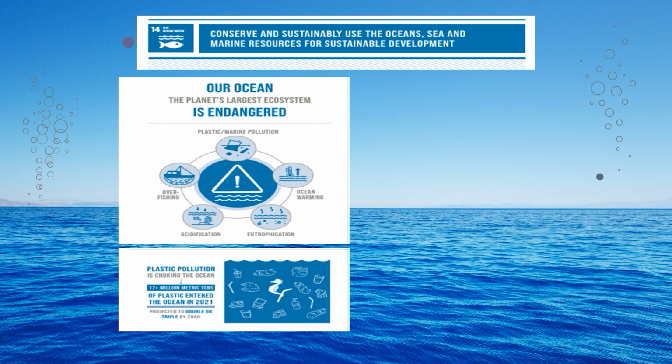Then if you look into resources, human civilization is putting so much pressure on the available resources, especially aquatic fish, marine fishes. Overfishing has been happening over the last few decades.